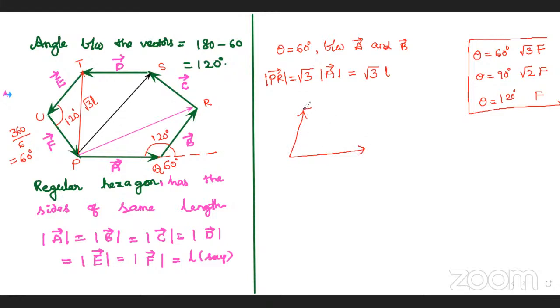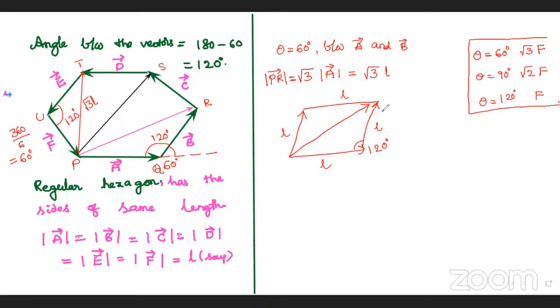Suppose these two sides are equal and it is a parallelogram, which means all sides are equal, of length L, L, L, L each. I know the angle between these two is 120 degrees. Then the resultant will come like this.